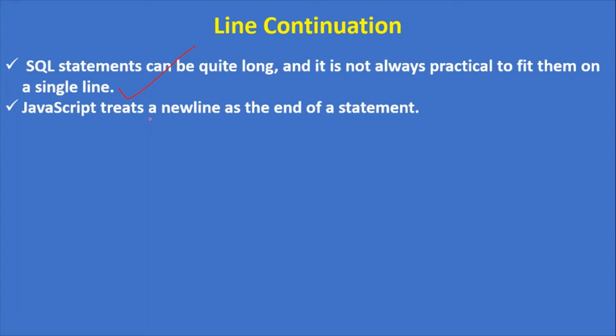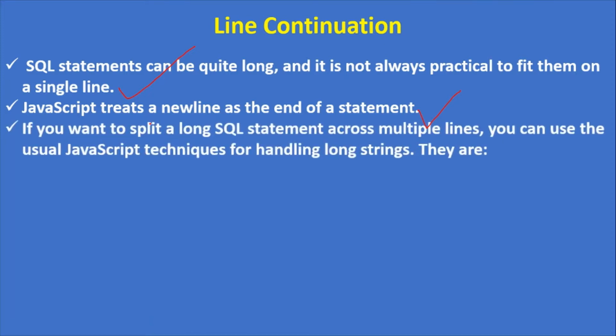JavaScript treats a new line as the end of the statement. As I told you, we need to write a procedure by using the JavaScript language. In JavaScript, a new line is treated as the end of a statement. So if you want to split a long SQL statement across multiple lines, you can use the usual JavaScript techniques for handling long strings.